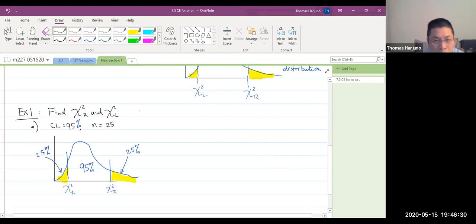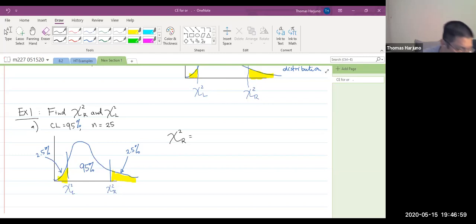Now then, how do I find a chi-square right? Chi-square right will be computed this way. Unfortunately, I don't think I actually have that program here. Let me see. No, I don't have that program here. Have you programmed that on your calculator? I do. I have programmed that on my calculator. So, inverse chi. I use the program inverse chi, whatever you name your program is.